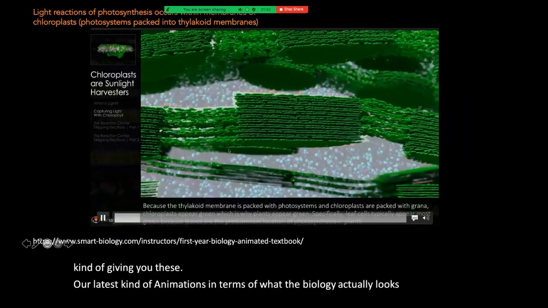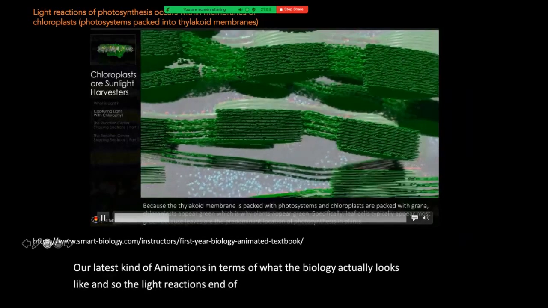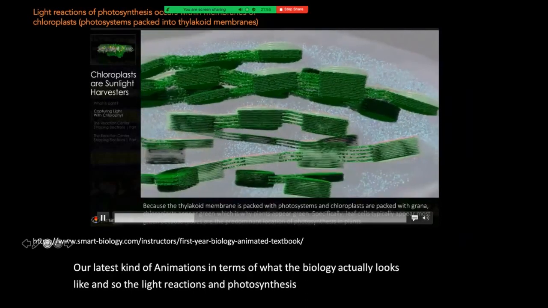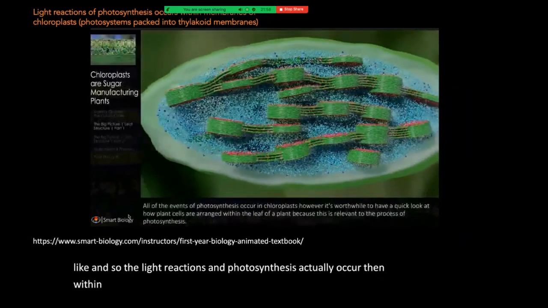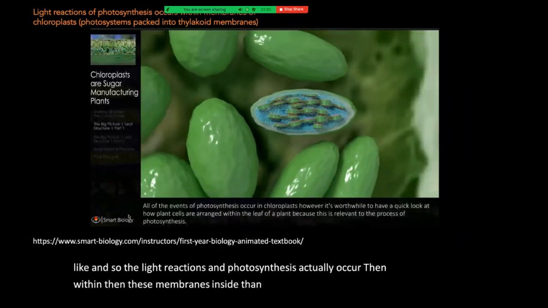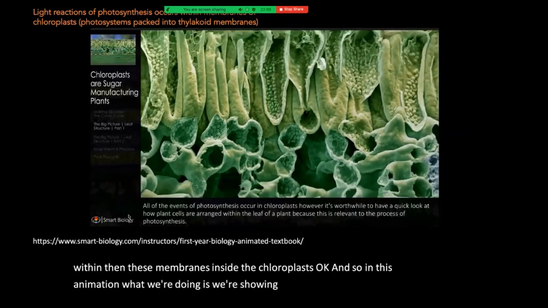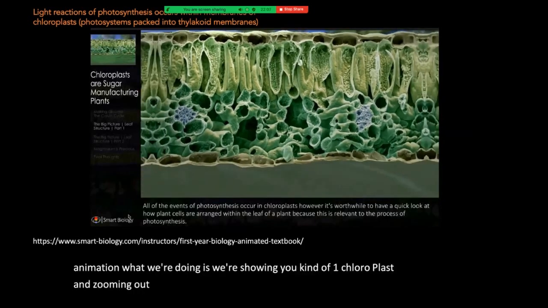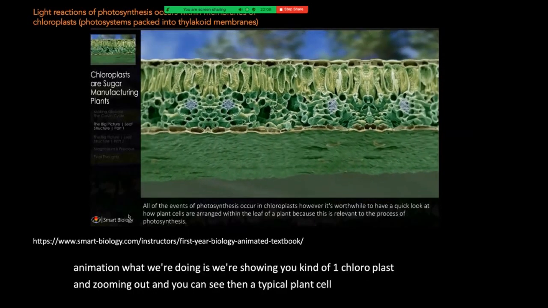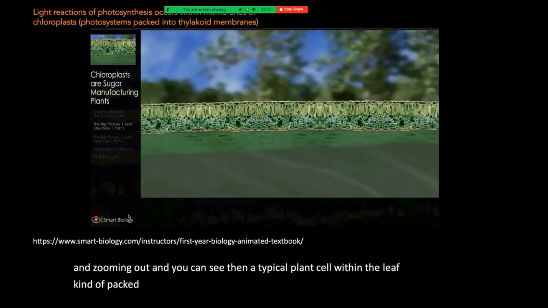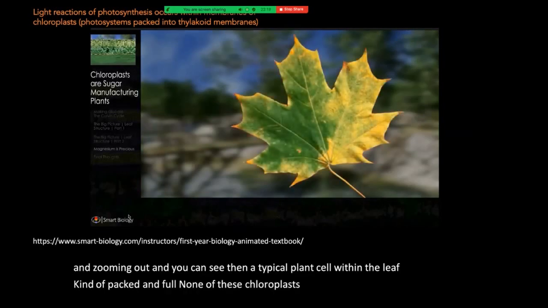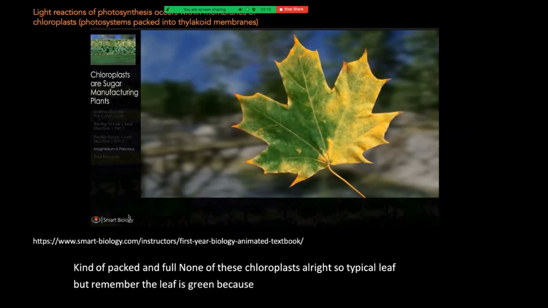And so the light reactions of photosynthesis actually occur within these membranes inside the chloroplast, okay? And so in this animation, we're showing you one chloroplast and zooming out, and you can see a typical plant cell within a leaf packed and full of these chloroplasts, all right? So typical leaf, but remember the leaf is green because it's reflecting a lot of this sunlight.